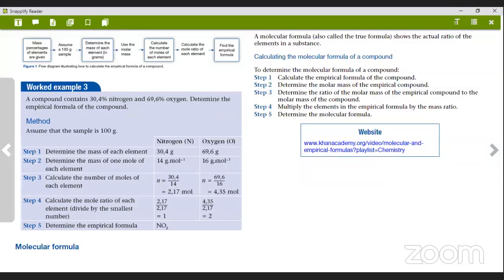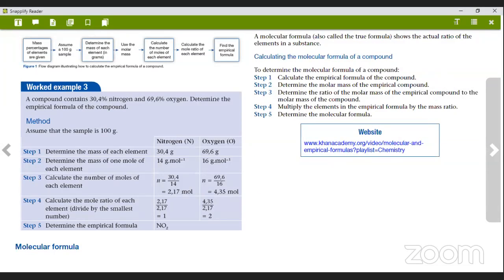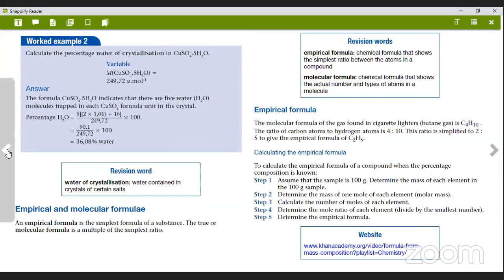And then a chemical reaction can be represented by a balanced chemical equation, and the balanced equation tells us the mole ratio of the product and the reactants. I hope you guys get what that means. So let's continue. The mass and volume ratios in chemical reactions.